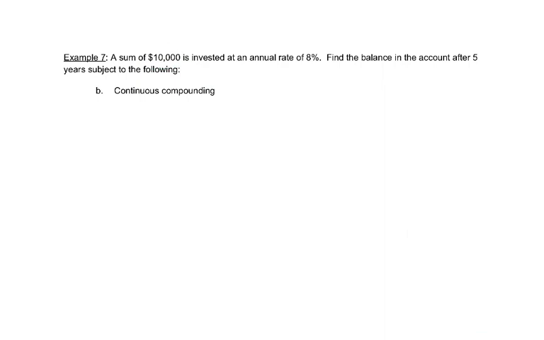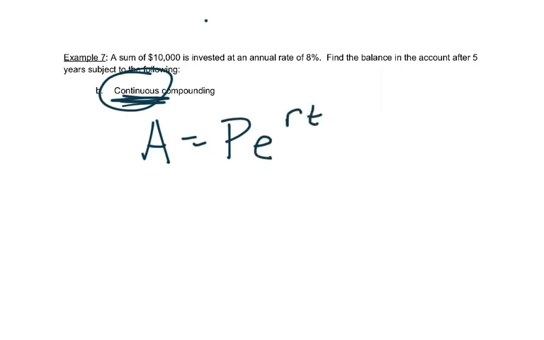And this one says continuous compounding, so that's the cue to use the other formula. Anytime you see the word continuous, it means we want to use the formula that has the E in it. So again, my P, my beginning amount, is still 10,000.